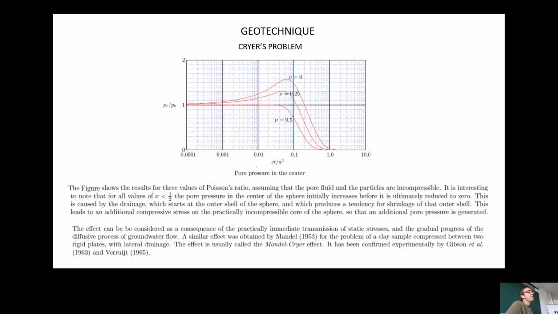So if we put p_c over p0 on the y-axis and c t over alpha squared on the x-axis, we can see the result for three values of the Poisson ratio, I mean 0.5, 0.25, and 0, assuming that the fluid and the particles are incompressible.